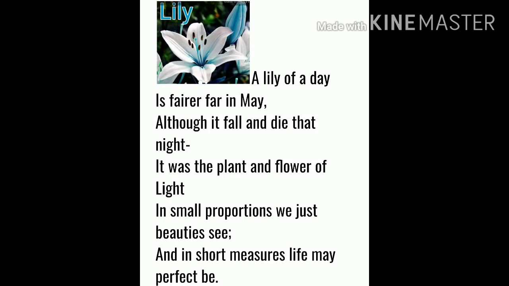Although the flower has the lifespan of a day and falls and dies by nightfall, it spreads beauty and delight in that short period. Here, the poet feels that a meaningful life like the lily flower, though short, is what makes a man noble, and even though man's life is short, it can be a perfect life.